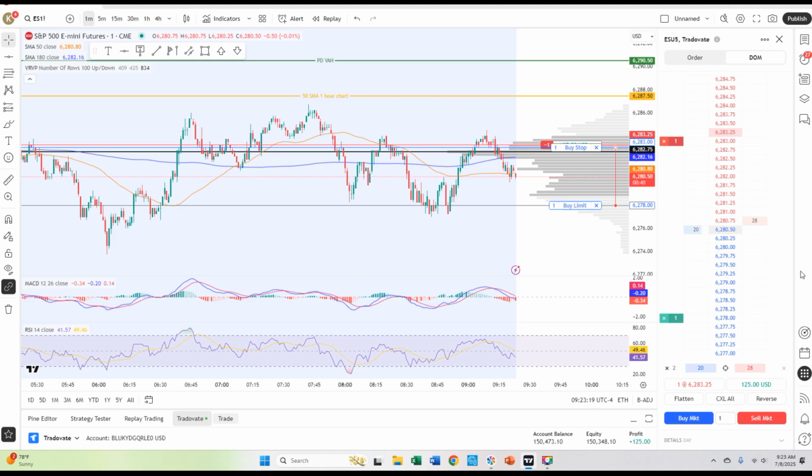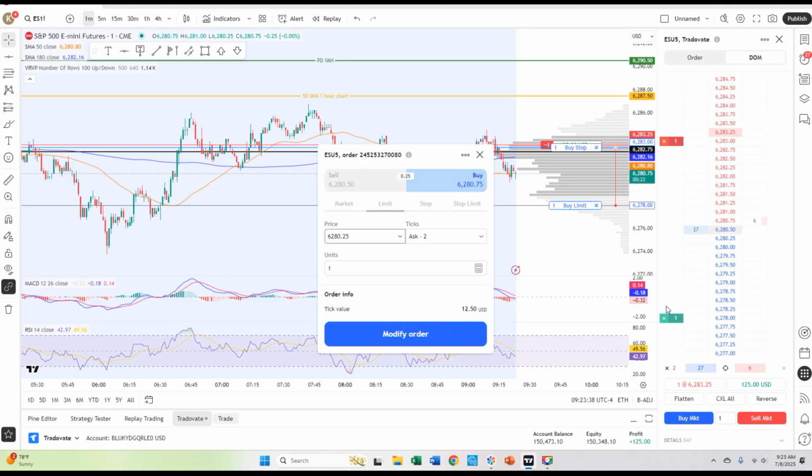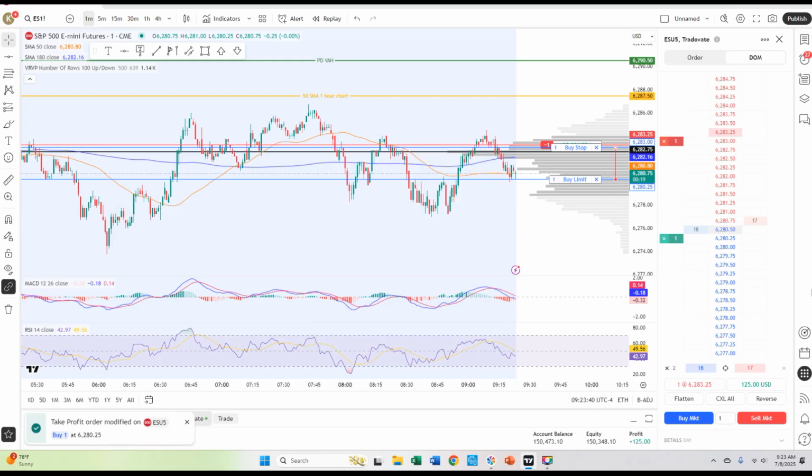Okay, looks like it's maybe losing that upward battle. I might just go ahead and take what I can get right through here. Just a little bit concerned it's not going to drop any further.